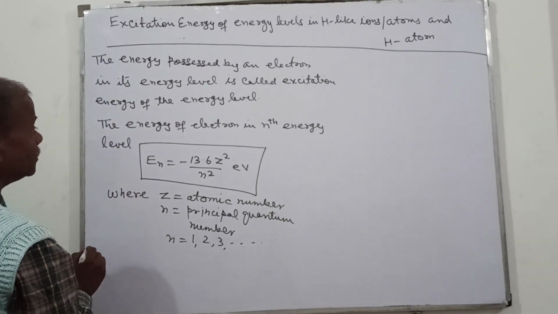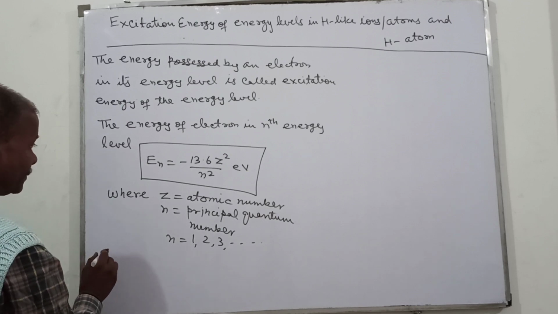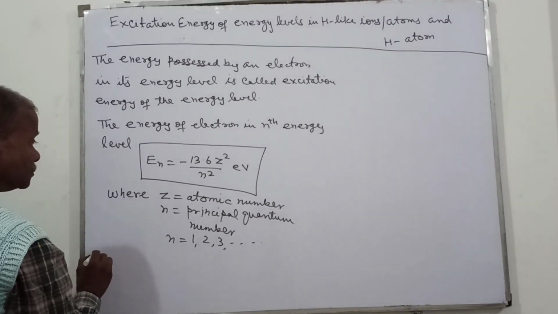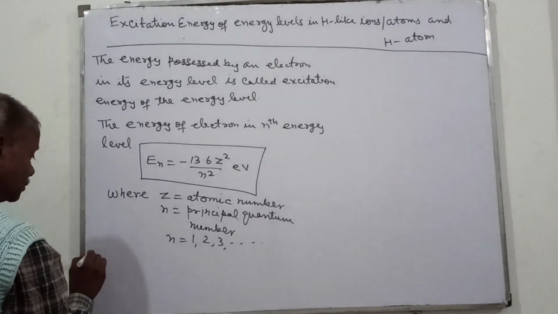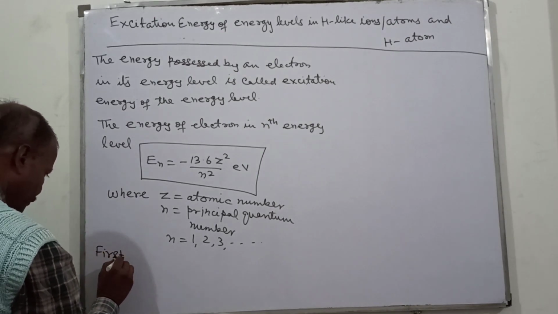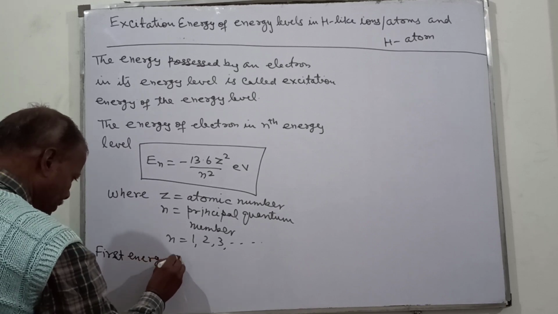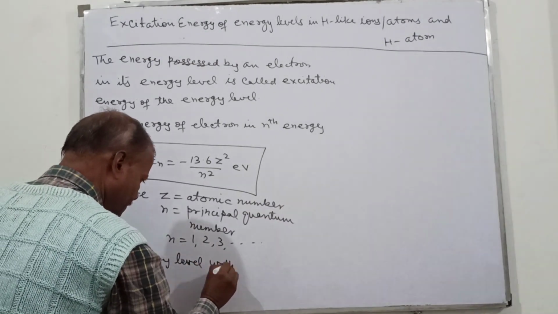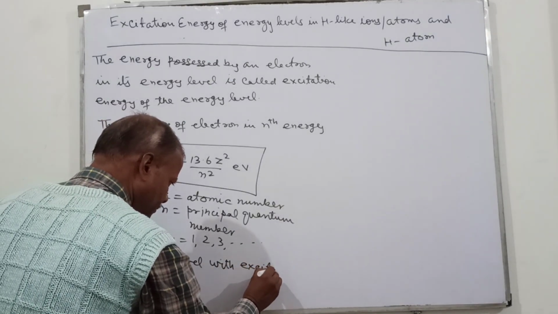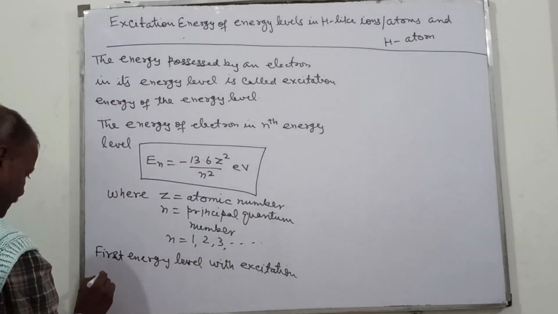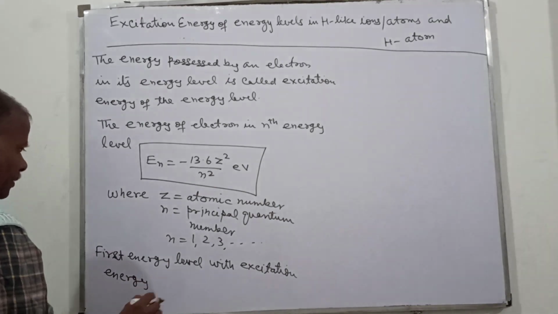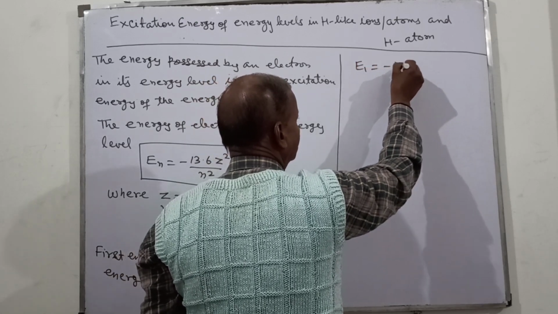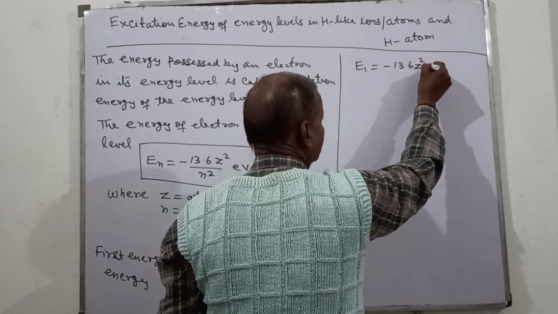Now the first energy level with its excitation energy is given by E1 equals minus 13.6 Z square electron volt.